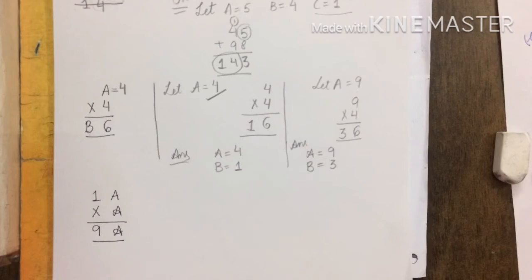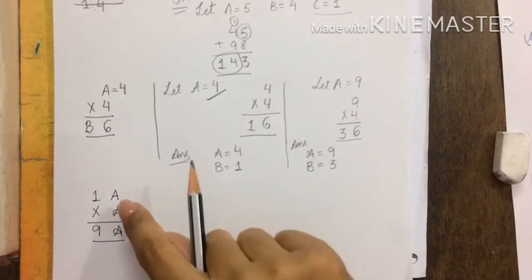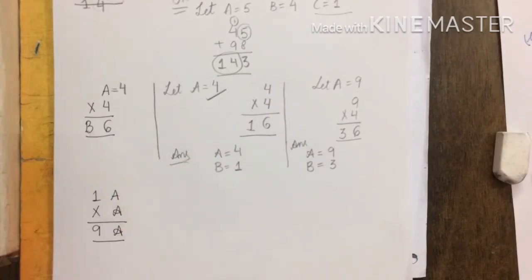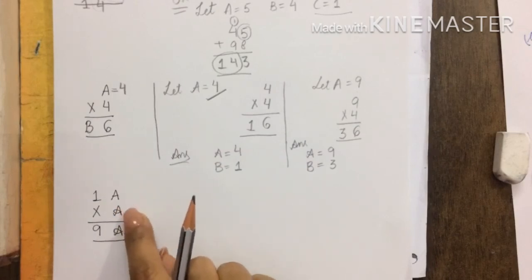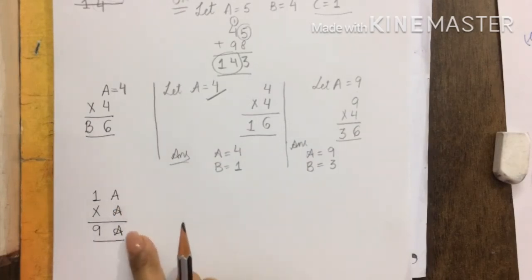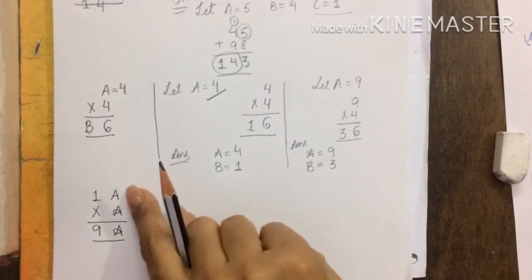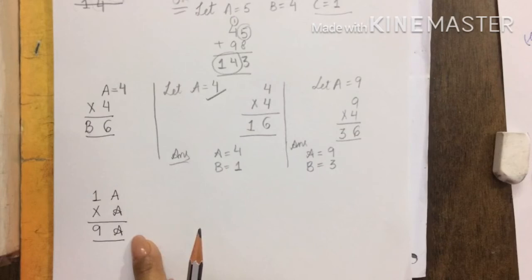So that means you need to fill the same digit at each of these 3 places. Whatever you write here multiplied with itself gives you the same answer. What could be the possible values? Keep in mind we are working with multiplication, not addition. So a number multiplied with itself gives you the same answer as itself. What could be the possible value?